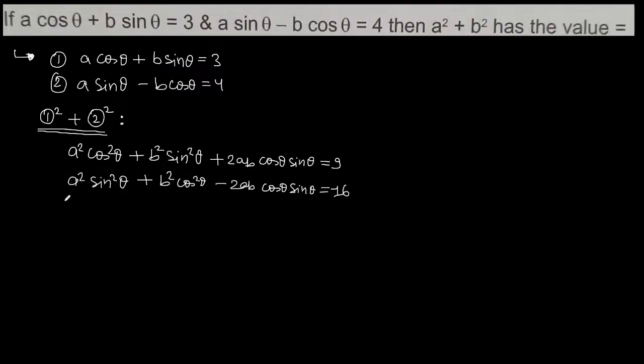We are adding both of them. We'll get A square times cos square plus sin square as 1, B square times cos square plus sin square as 1, this cancelling, and 16 plus 9 is 25.